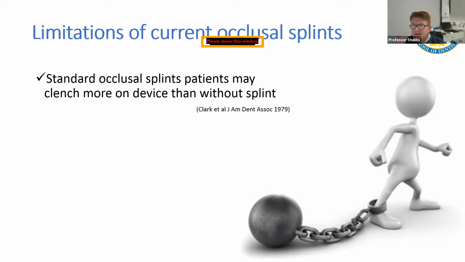So what I mean is, when I do a bite registration, I use a spacer between the incisal teeth, and I use Jet Bite or bite registration material, and I just get the patient to bite down in centric occlusion, because the idea of the devices is that they're flat, smooth surfaces. And so you then allow for variations in the movement of the mandible when they're sleeping at night or when they're using the device.